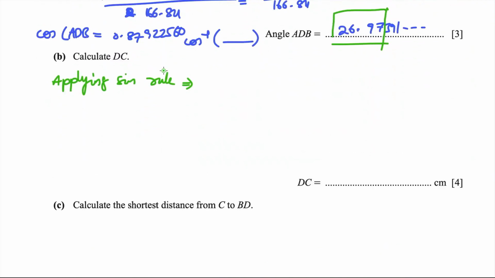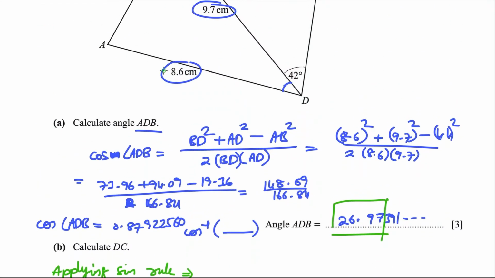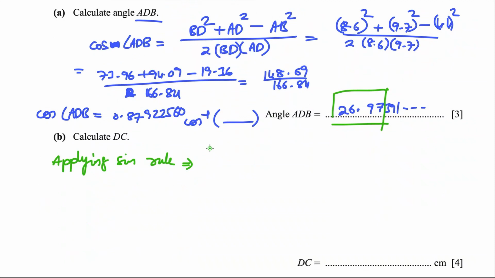So DC divided by sine DBC is equal to BD divided by sine BCD.